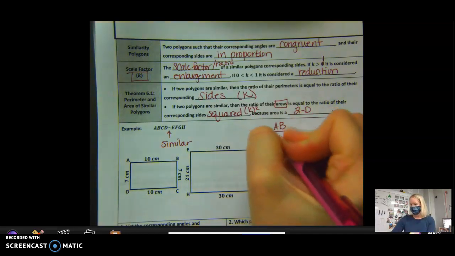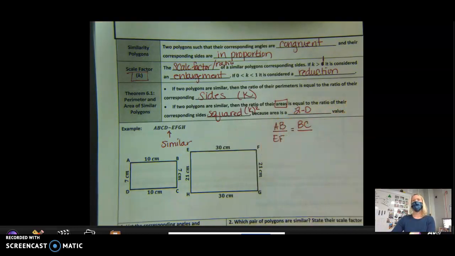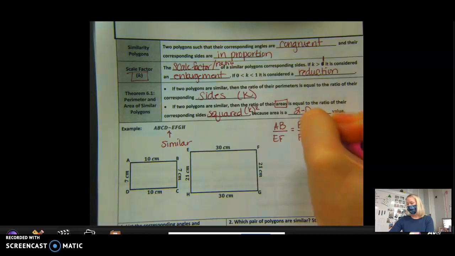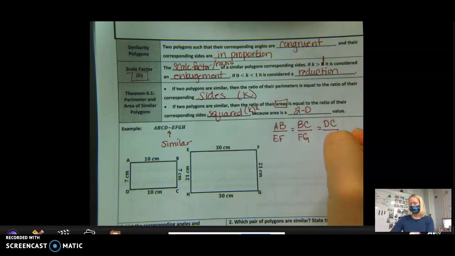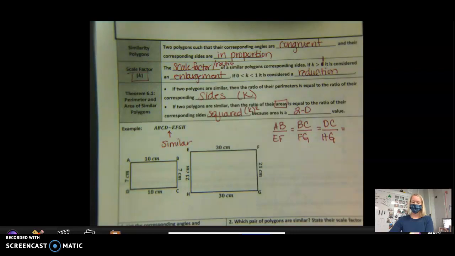EF is equal to side length BC over side length FG, which is equal to side length DC over HG, which is equal to side length AD over EH. What that means is that the ratio of their sides should be equal.